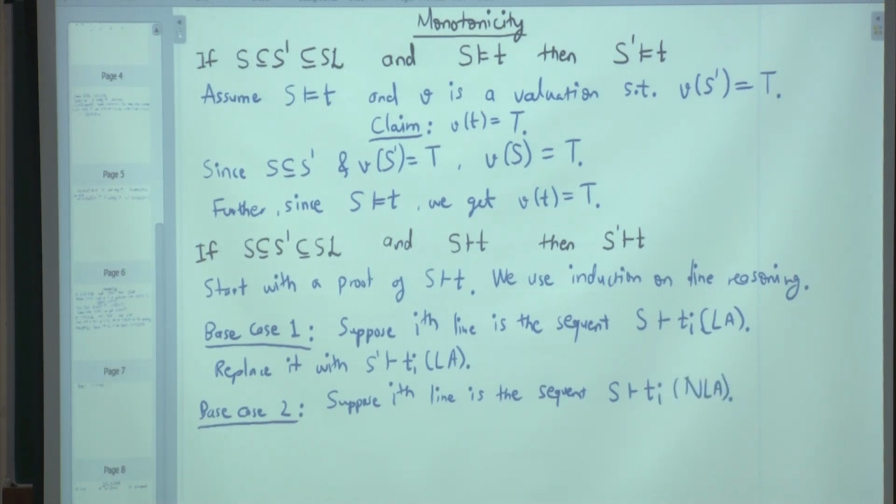Then what will happen? Ti belongs to S. Then Ti belongs to S, which is a subset of S prime. So therefore S prime proves Ti is the replacement.